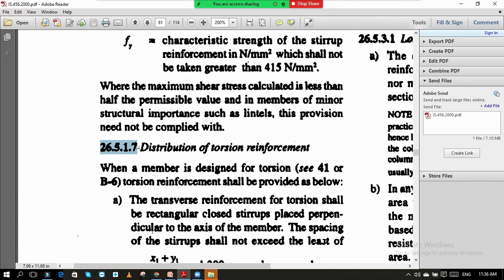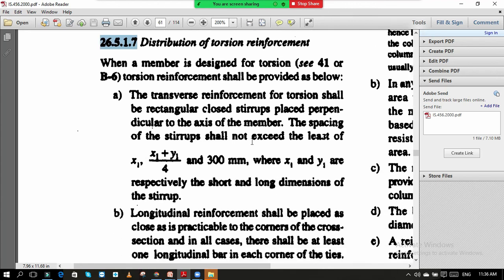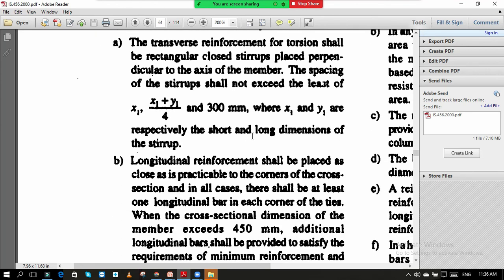26.5.1.7. Okay, here you can see the transverse reinforcement for the torsion shall be a rectangular closed stirrup placed perpendicular to the axis of the member. The spacing of the stirrup shall not exceed the least of.